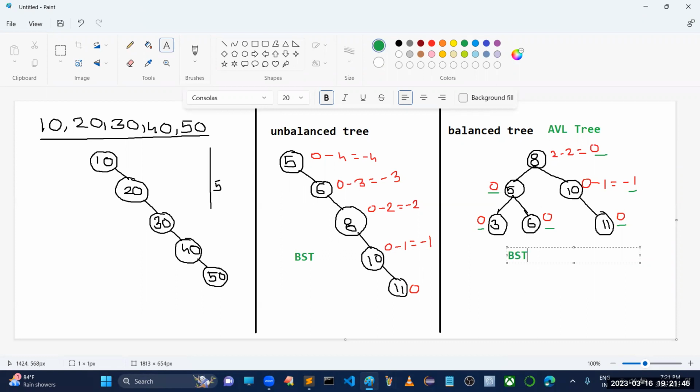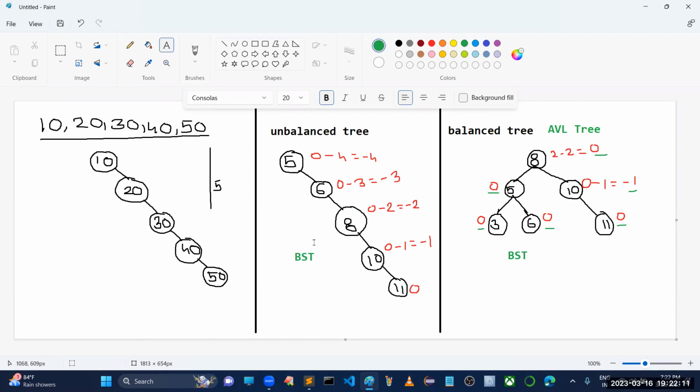Every binary search tree is not an AVL tree, but every AVL tree is a binary search tree. Got the difference? If you take any balanced tree, first it has to satisfy our binary search tree properties. Then only we can construct it. Of course, I will take examples for these balance factors, and I will show you how it is going to work.